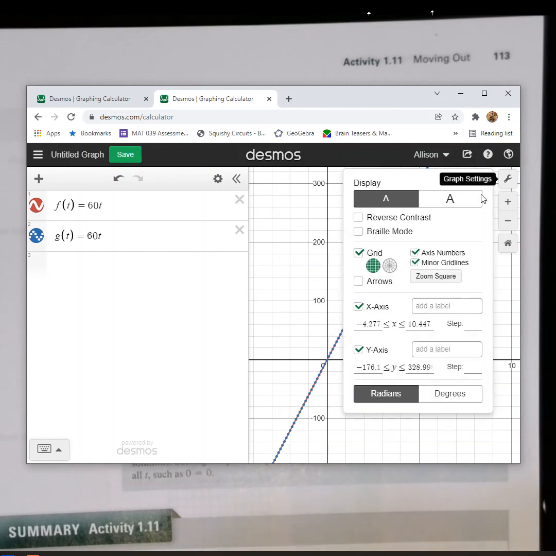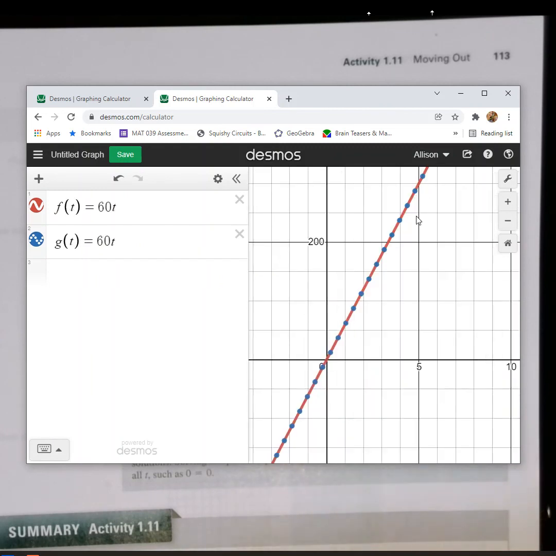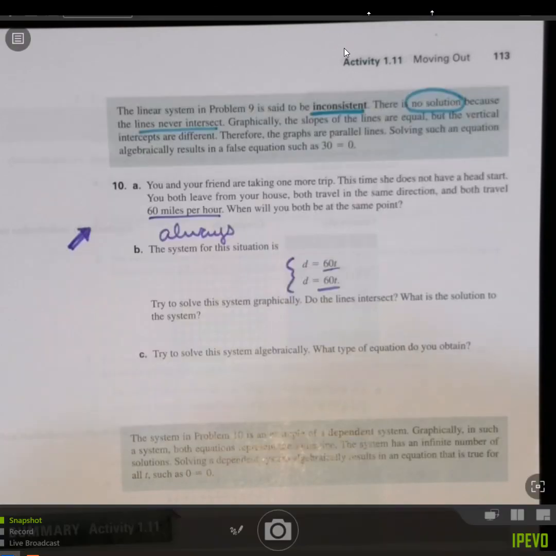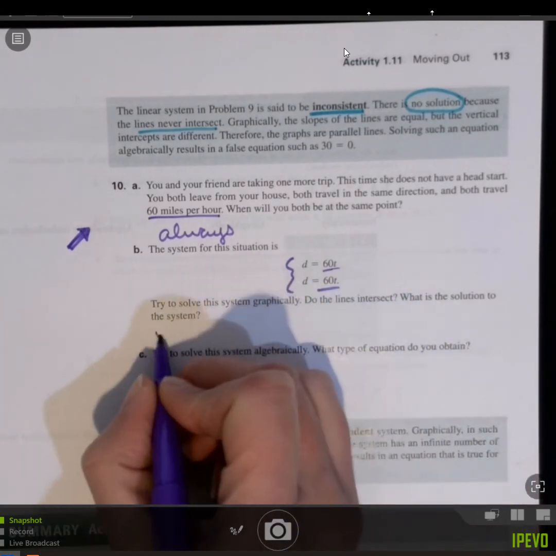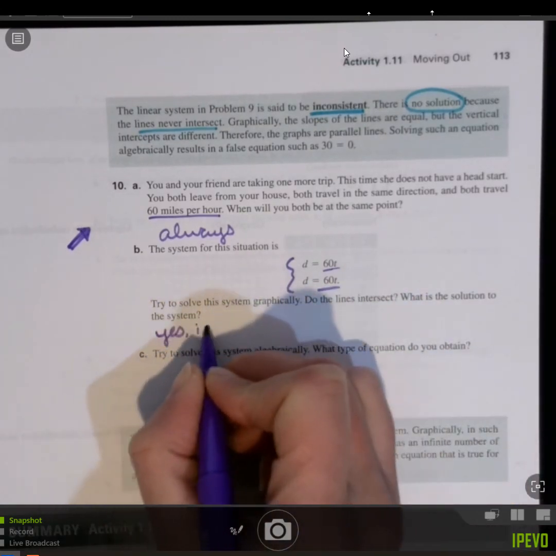They are the same thing, showing that they're always intersecting. For every point on g, they are intersecting. So the lines are identical. Do the lines intersect? Yes, all the time because they're identical.